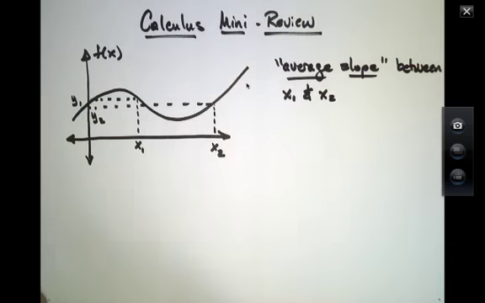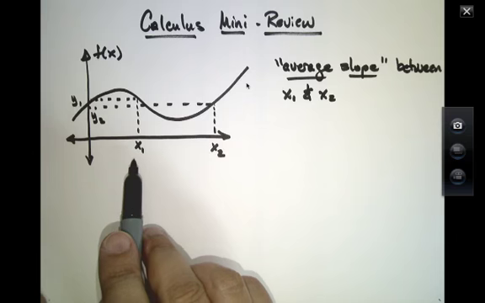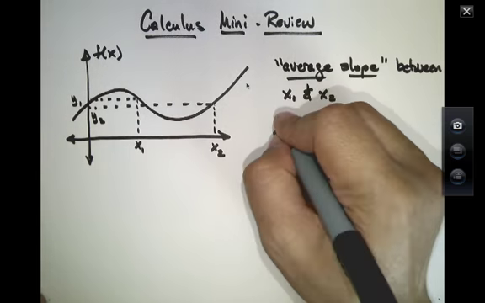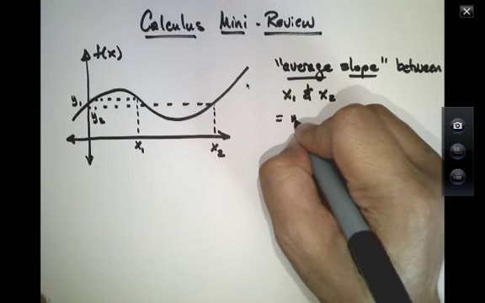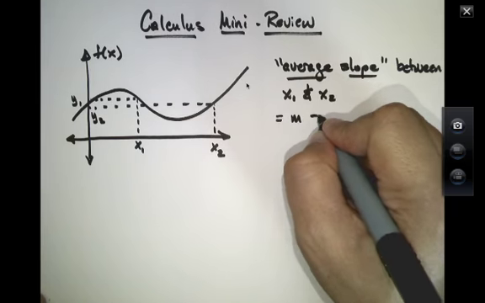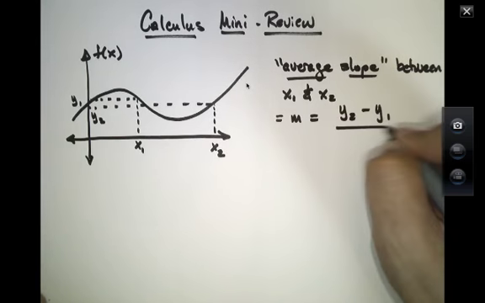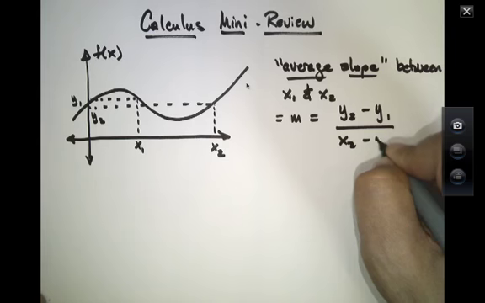This is always defined over a range of x values, so between any two locations on the function we can define an average slope between x1 and x2. Sometimes you see the symbol m, and this is defined as y2 minus y1 over x2 minus x1.